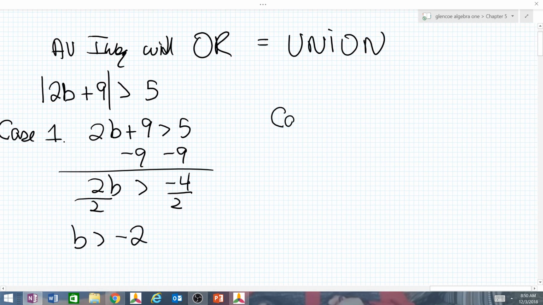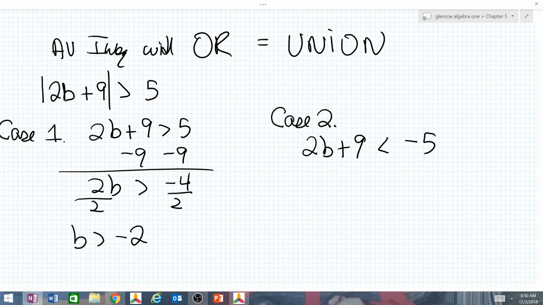Case 2. Case 2 always has the changes. So the first thing you do is remove the absolute value symbol. You want to try it? Go ahead. 2b plus 9 is less than negative 5. Good job. So you take the absolute value symbol away, you rewrite it, you flip the inequality symbol, and you change the sign of the term after the inequality.